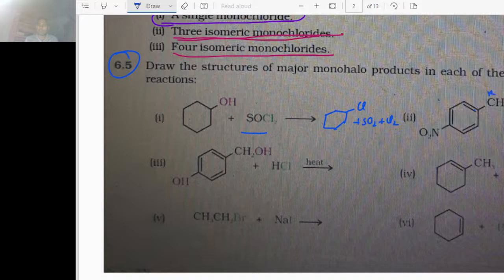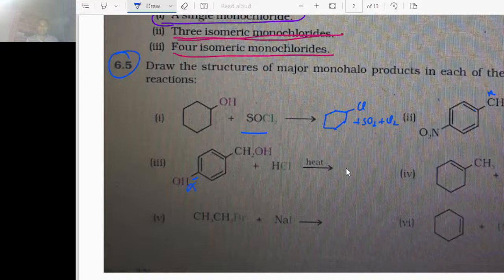So let us draw the product. How can you make the product here? This is the NO2 group, so here this place will be Br, and here will be the CH3 group. Now you go with the HCl. If you are treating with HCl, here the partial double bond character is there, so it cannot have an effect here.